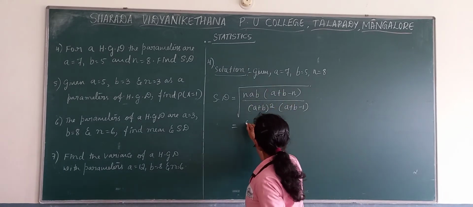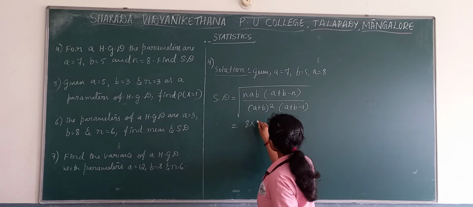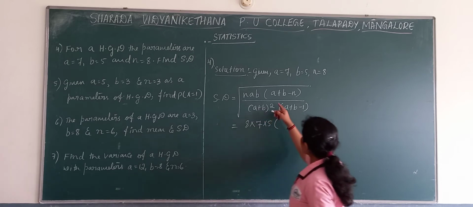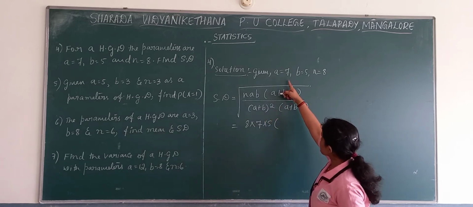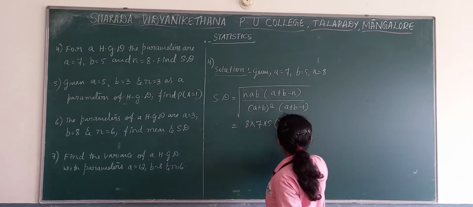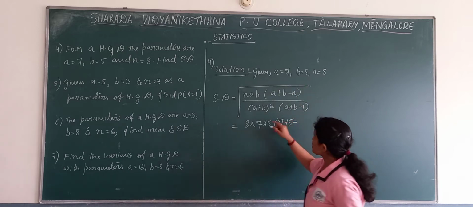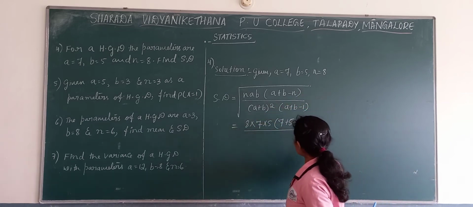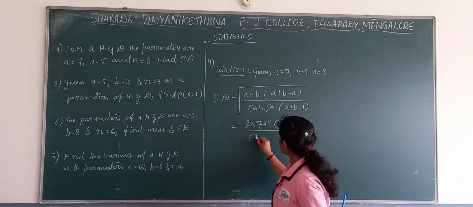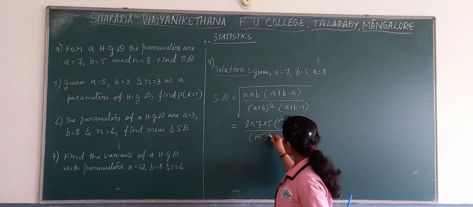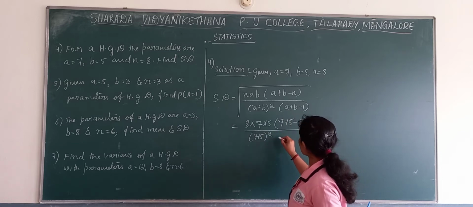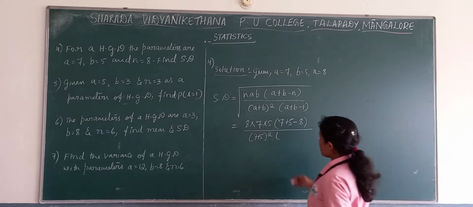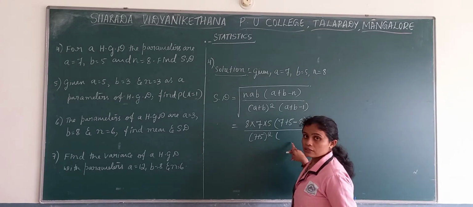The value of n is 8, a is 7 and b is 5, into a plus b, that is 7 plus 5, minus n. What is the value of n? n is 8, divided by a plus b, that is 7 plus 5, whole square, into a plus b minus 1. a plus b, 7 plus 5, is 12.